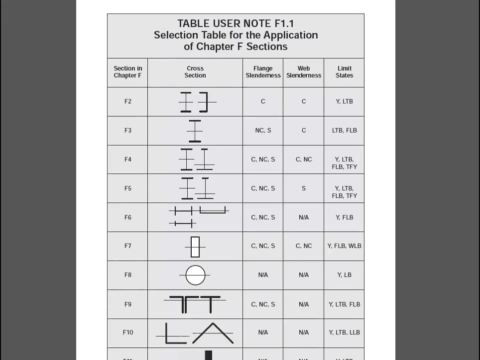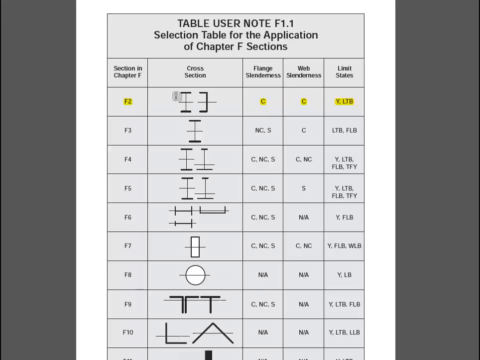And define the case in here where we have a compact flange and a compact web. So first case, flange is compact, the web is compact. It tells us in the far right column that we should be checking yielding and lateral torsional buckling, and that we should be looking at section F2 in chapter F.